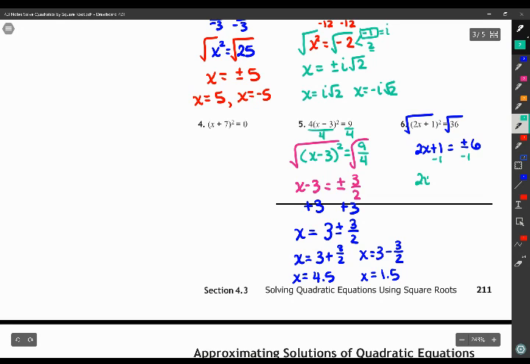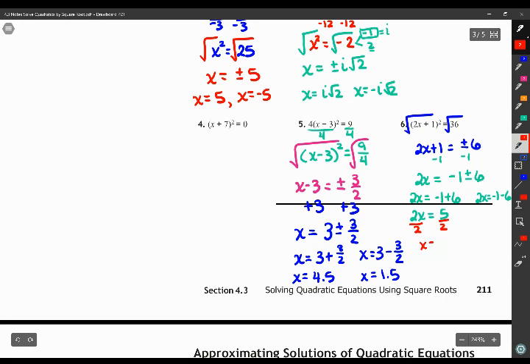So this gives me 2x is equal to negative 1 plus or minus 6. So really this turns into 2 problems. It's 2x is equal to negative 1 plus 6, and 2x is equal to negative 1 minus 6. And then you can go from there. This is 2x is equal to 5. And then you can divide both sides by 2.